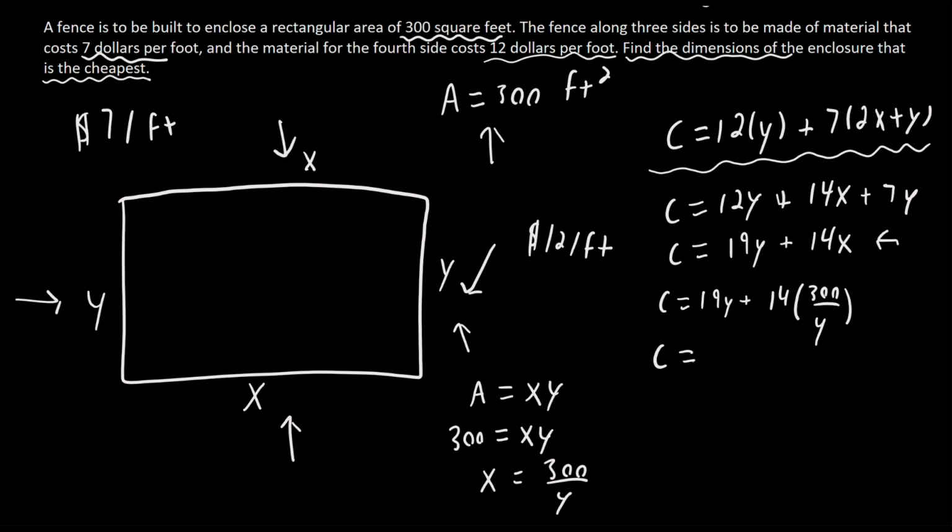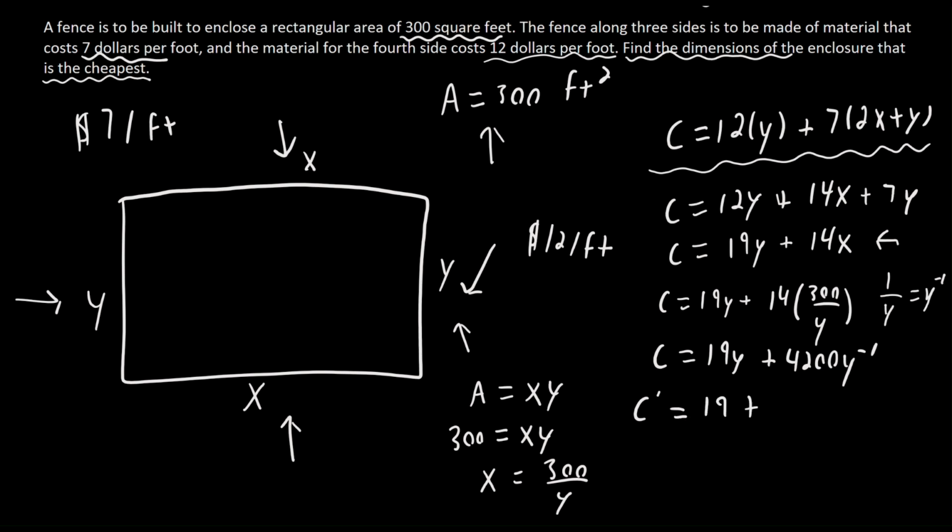Let's simplify. So C equals 19y plus 4,200 y to the negative 1. So recall that if you have 1 over y, it's the same as writing y to the negative 1. It's just easier to do the derivative that way. So now let's derive this.